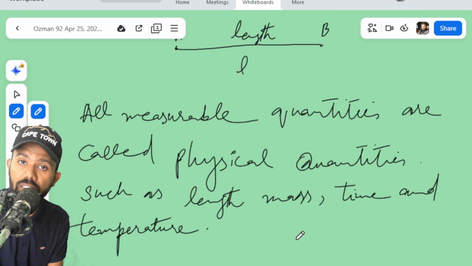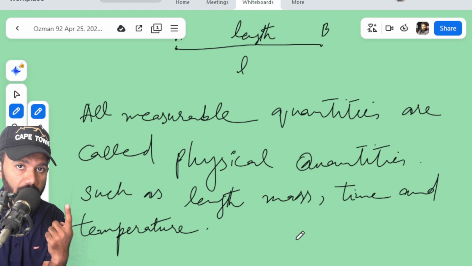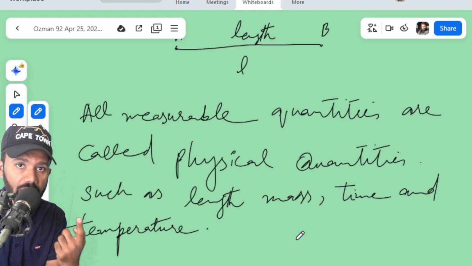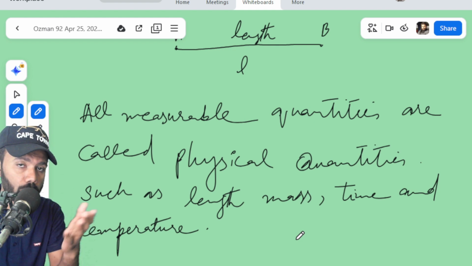So moving on, a physical quantity has two features. One, of course, is the numerical value, that is also called the magnitude, and the other is the unit in which it is measured, right? Somebody asks you about your mass. So what would you say?